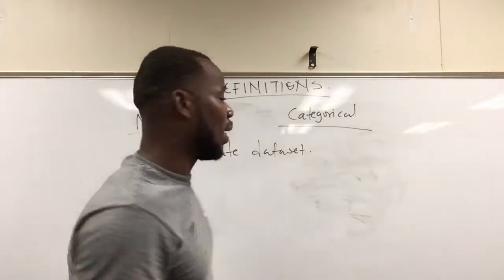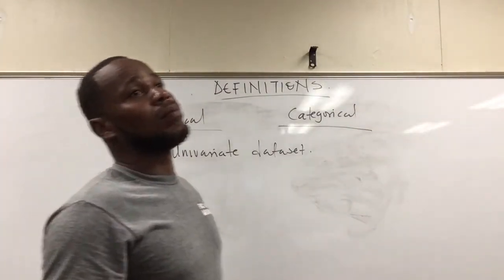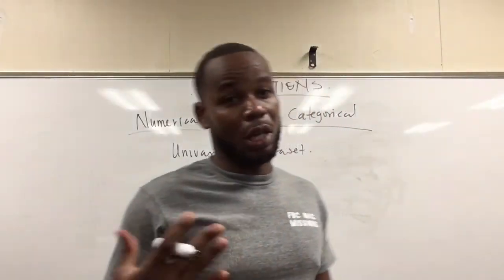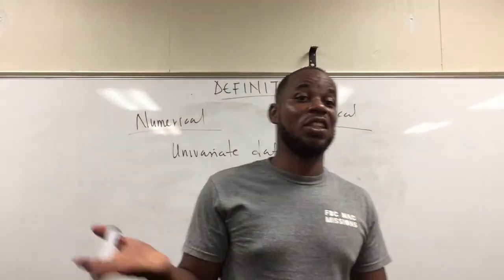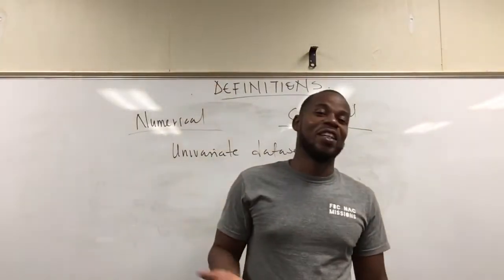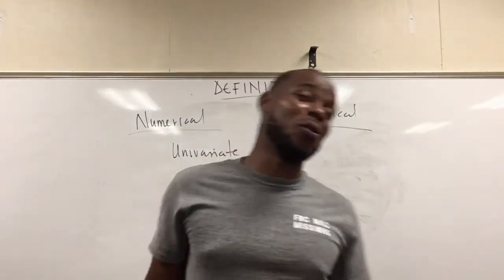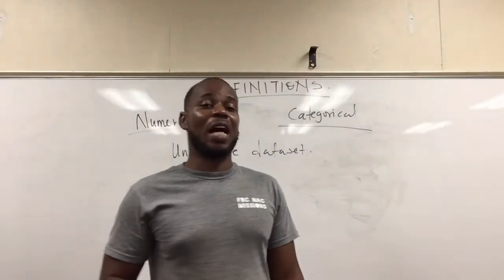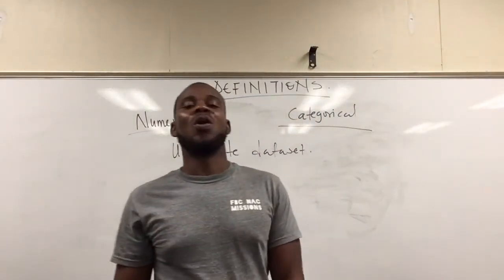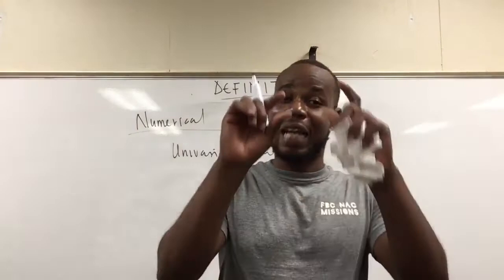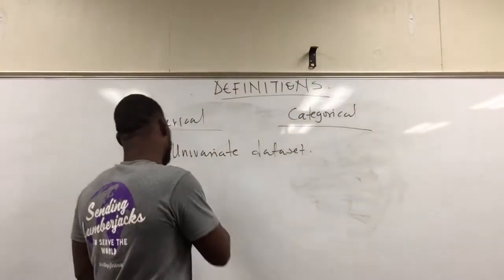What do I mean by that? If I look at coronavirus patients, everybody knows about coronavirus. So if I want to look at only the weight of people who have coronavirus, that is a univariate.